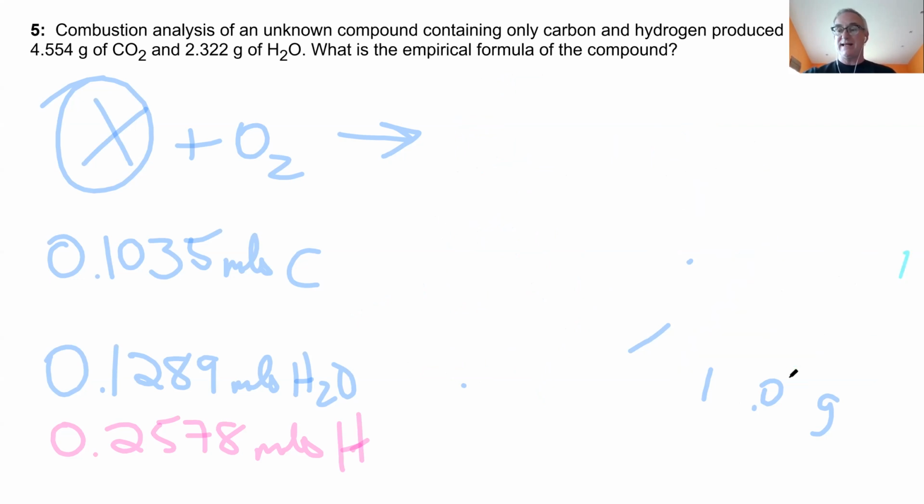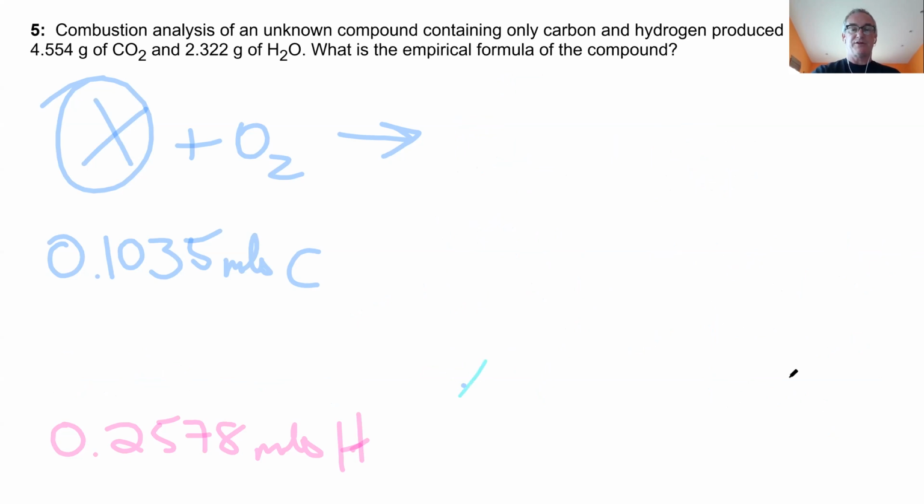But what we actually need, remember, is a whole number. So we've got our mass, we have our moles of carbon, and we have our moles of hydrogen. So remember, how do we convert this to whole numbers? Divide by the smaller number. Divide 0.1035 by the 2 numbers.